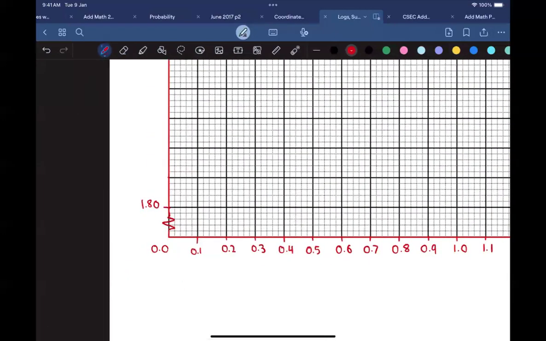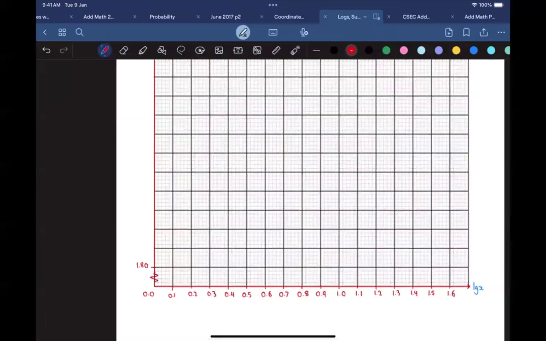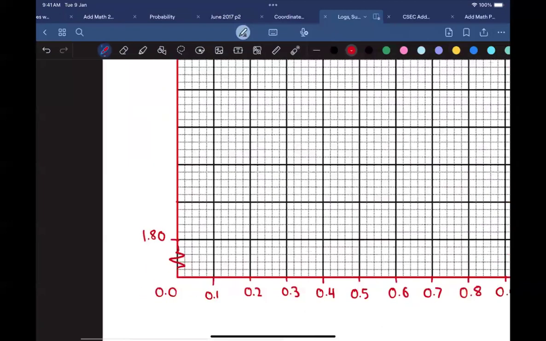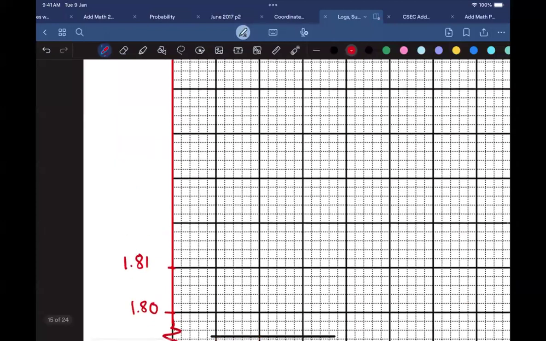Feel like that will work. Let me see how it works out. 1, 2, 3, 4, 5, 6, 7, 8. Let me try using this scale. Let me say every 1 centimeter is 0.01. So Nicholas, this could be 1.8 if I use this scale.